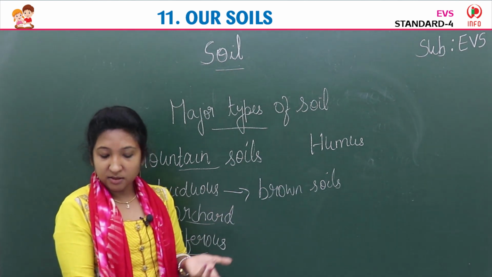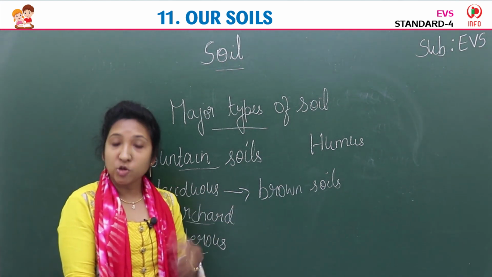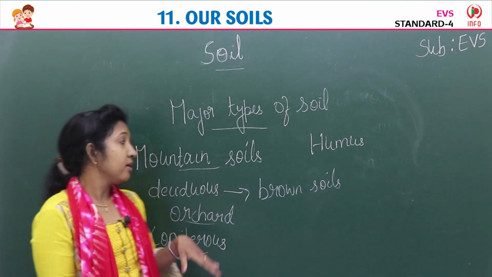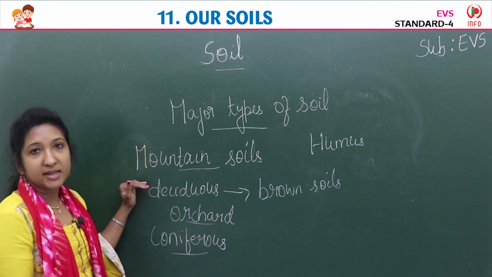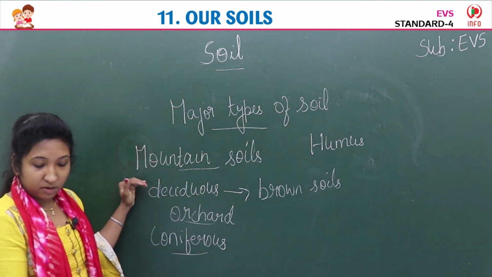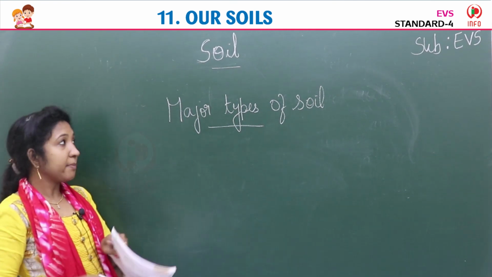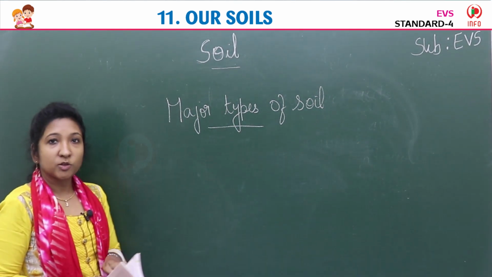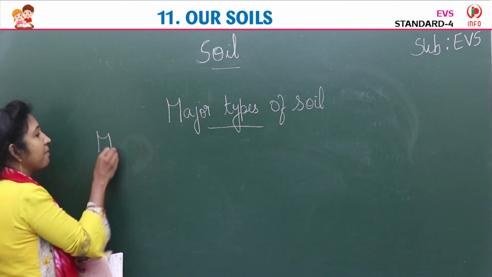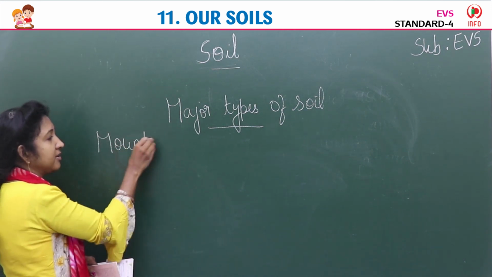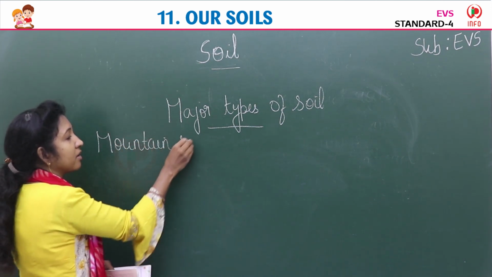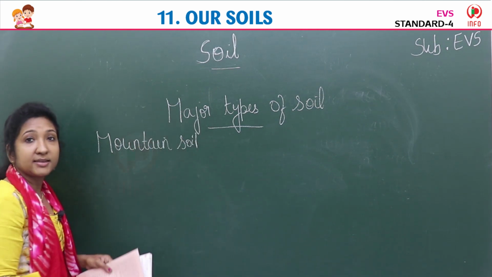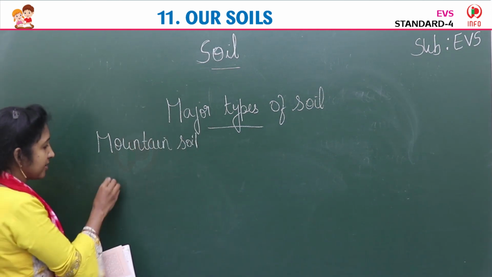Paddy, wheat, soybean and sugarcane. So we are learning about major types of soil. We learned already about mountain soil, isn't it? Now the second one is alluvial soils.